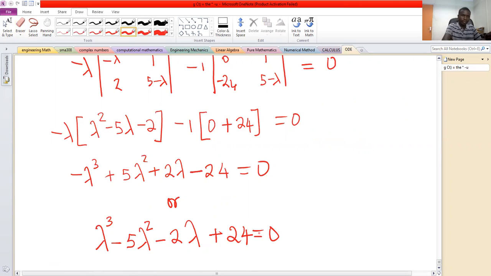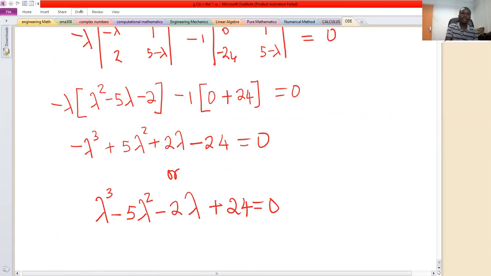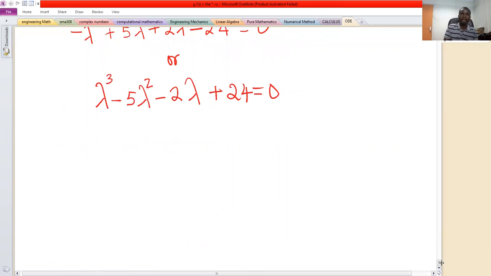Now, this is a cubic equation. There is no straightforward formula to solve a cubic or to factorize a cubic expression. We do it by trial and error. And the trial and error is done using this constant term. So you take your constant term and list its factors.